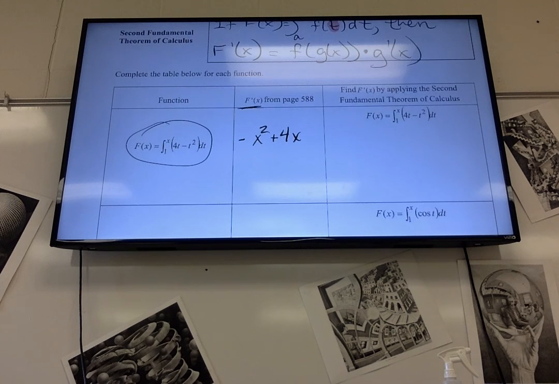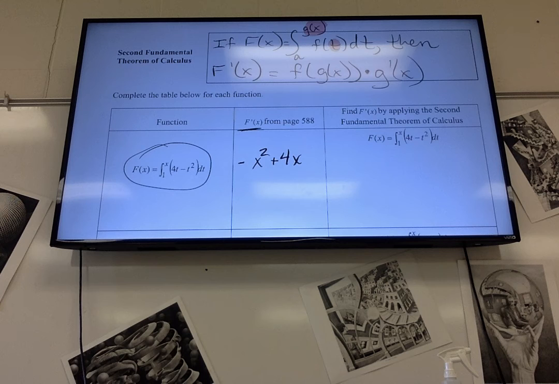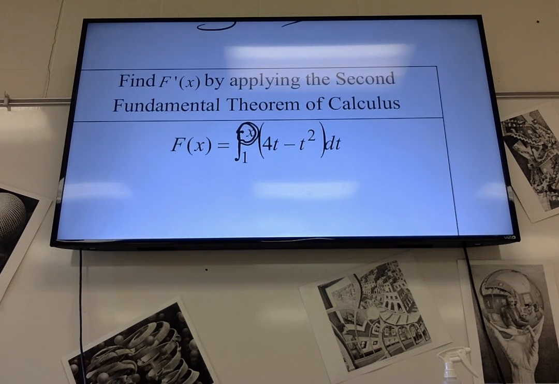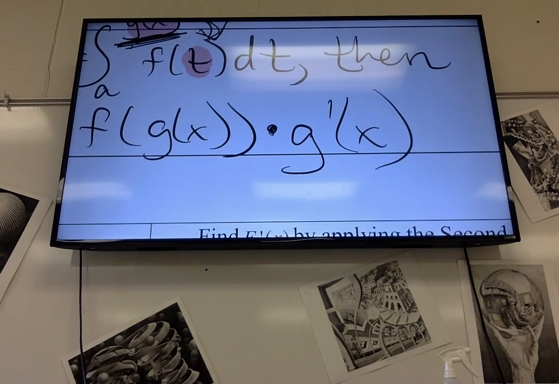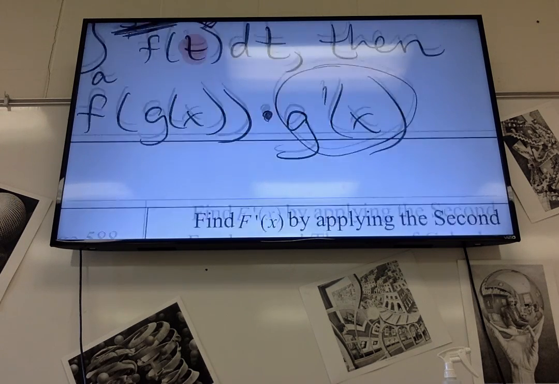So when we take big F prime, we got on the other page, negative x squared plus 4x. Now, if we use this nice little formula to find the derivative of the antiderivative, it's like they just cancel out. So we take this g of x up here and put it in place of the variable, and then we take the derivative of that upper endpoint.